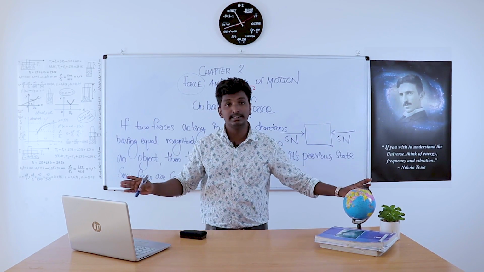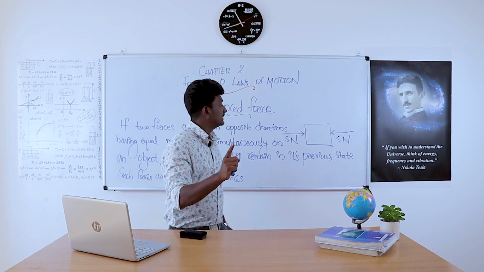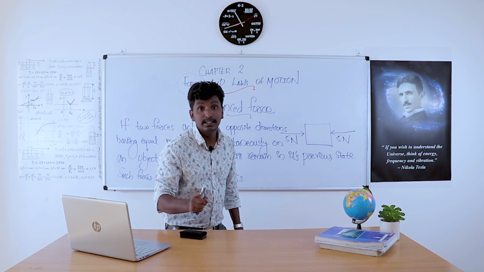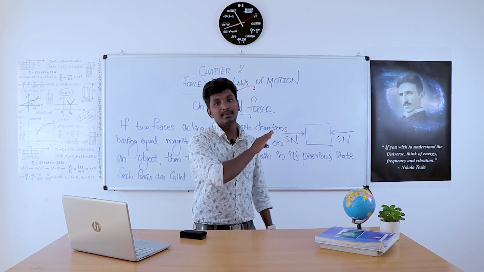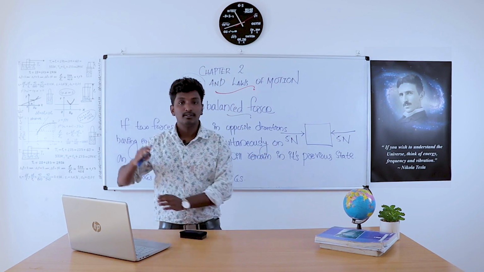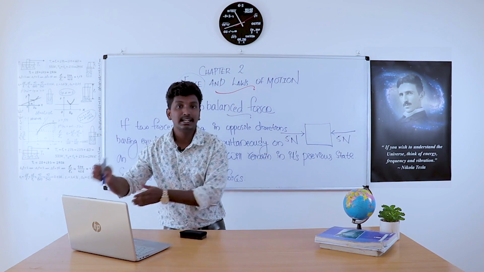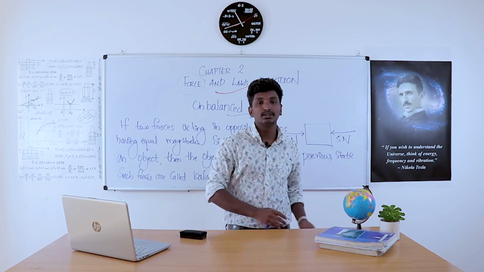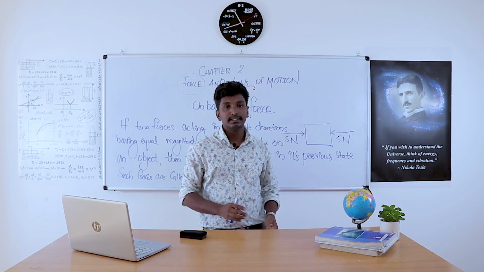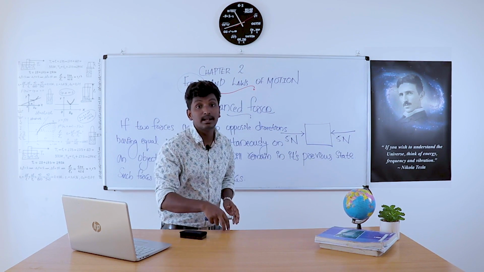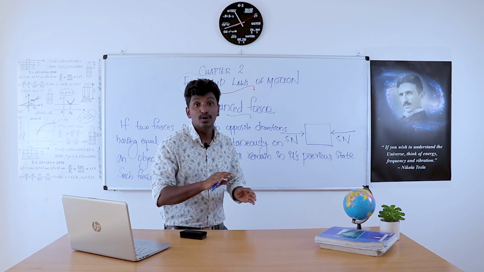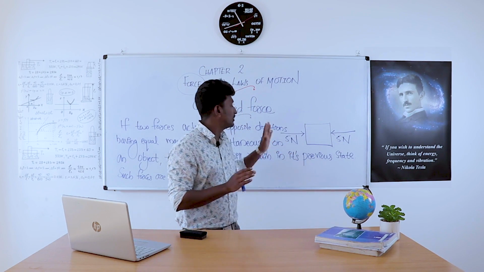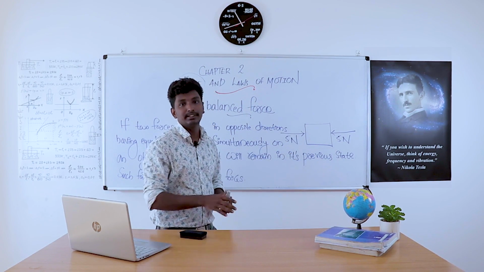The same condition, but one difference is that we are applying forces of different magnitude. I'm applying a force from this side and you are applying the force just opposite to that side. But the forces acting on this table are not equal. They are of different magnitudes.